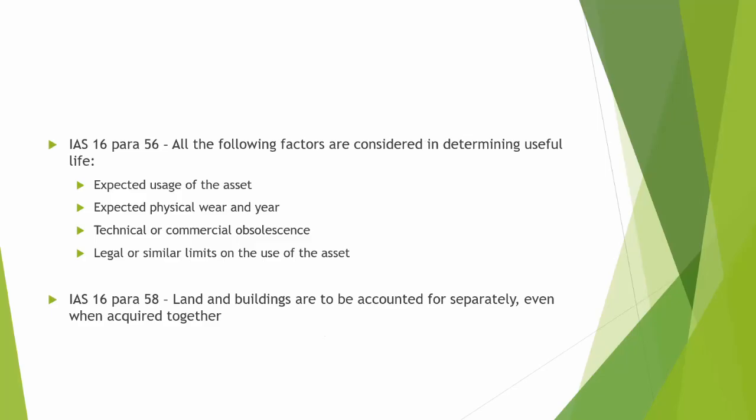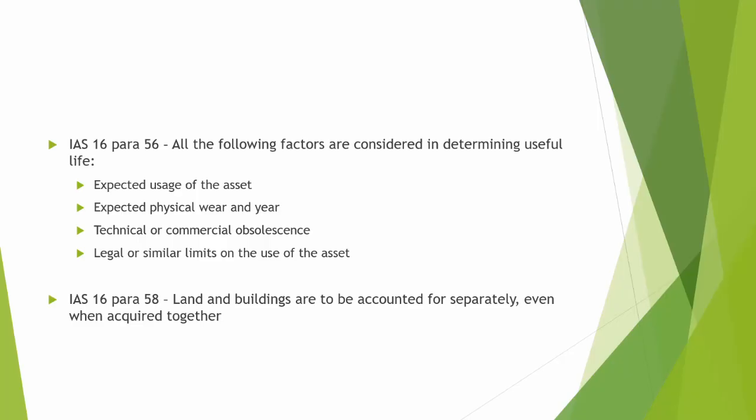Okay, what factors do we consider? The standard does give us factors to consider if we are looking practically at trying to determine the useful life. That's the expected usage of the asset, what the wear and tear is going to be like, and obsolescence. So we could expect that we're going to use it for the next 20 years because that's its capacity.